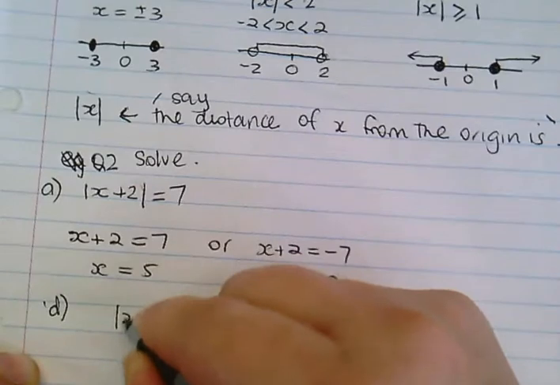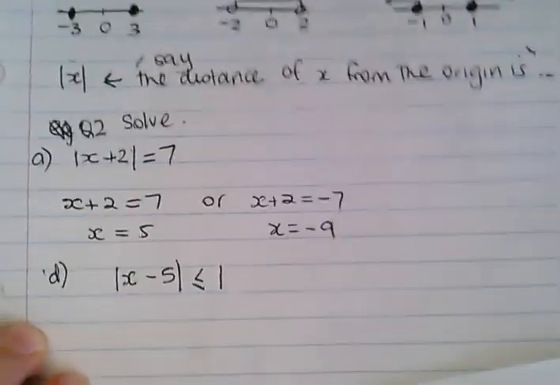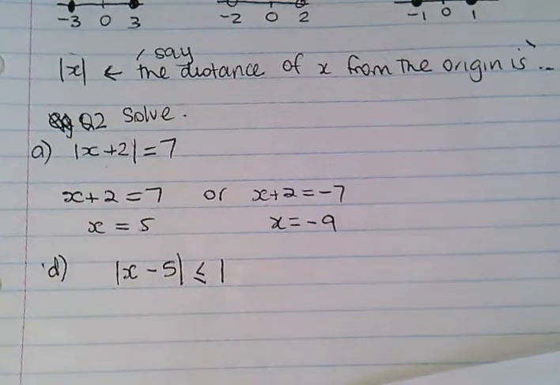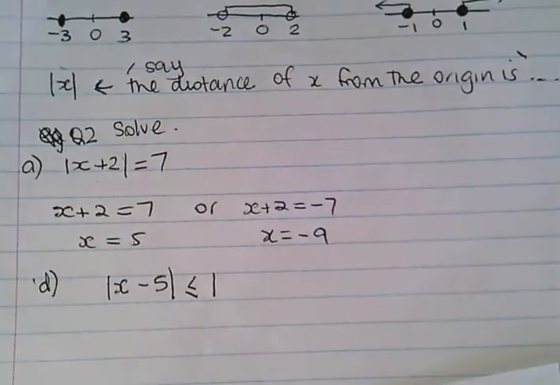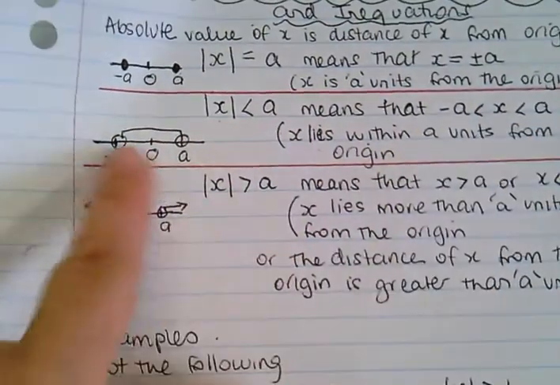Question D. The absolute value of x minus 5 is less than or equal to 1. Now, normally we would say the distance of x from the origin is, but no, we've got to say now the distance of x minus 5 to the origin is less than 1 unit. So, looking back here, we said x lies between -a and +a, right?